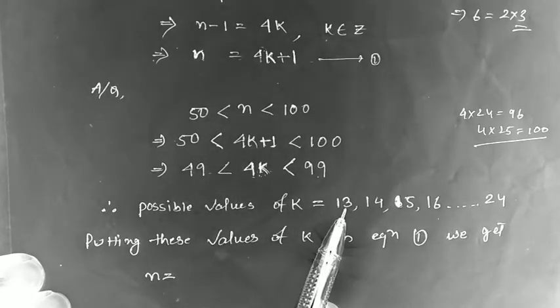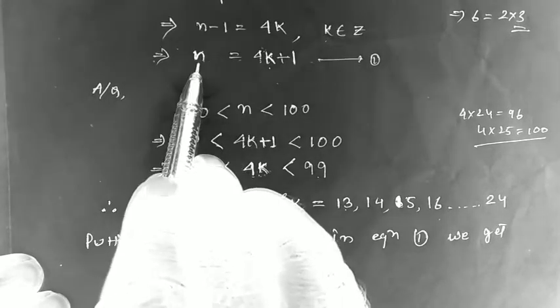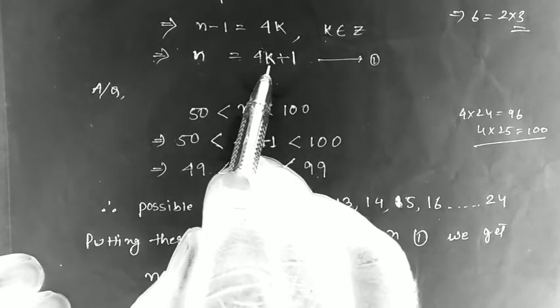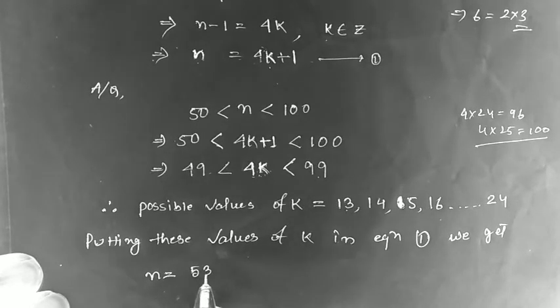The first value of k is 13. If we put 13, 4 into 13 is 52, plus 1, 53. So the first value is 53.